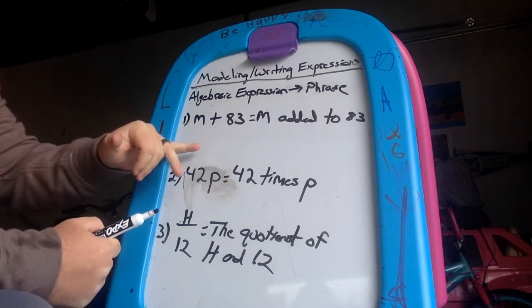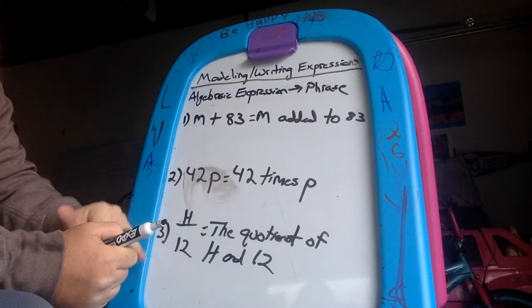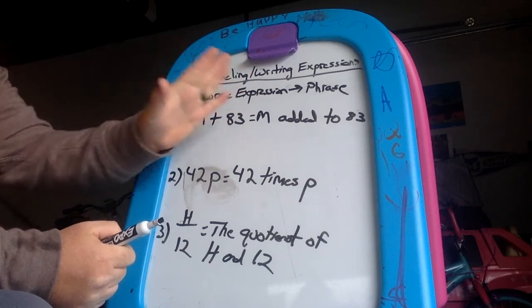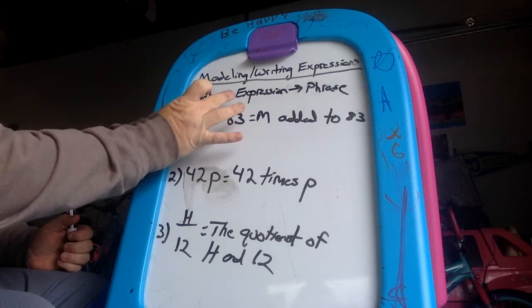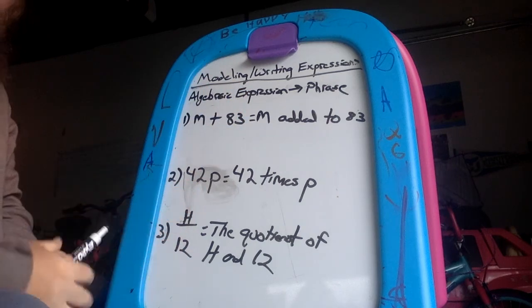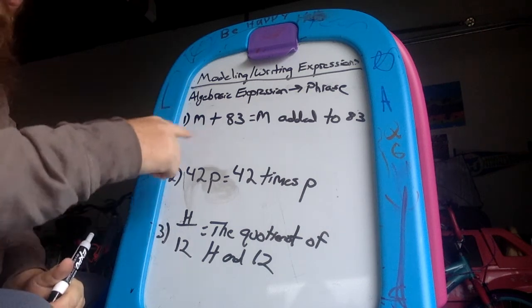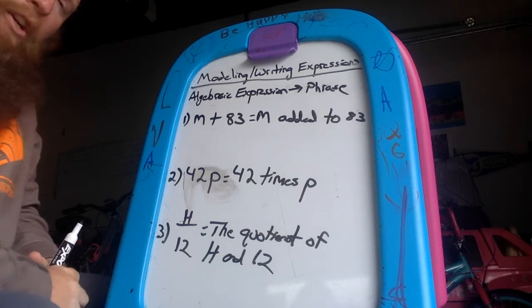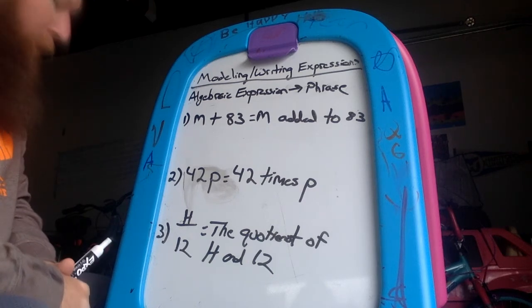You're looking at the correct operation that's being used, you're looking at the variable that's being given, and then you guys are just converting that into a word sentence and word phrase that goes with the algebraic expression. Very simple, very easy. Just make sure you're following through on the different forms of the operations, the numbers, and how that applies to all the equation.